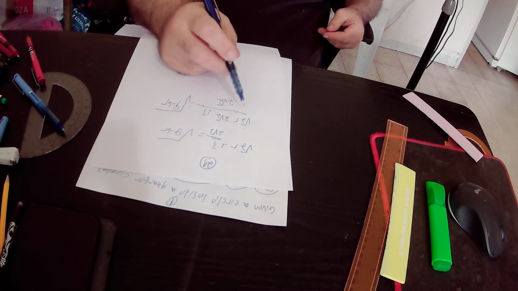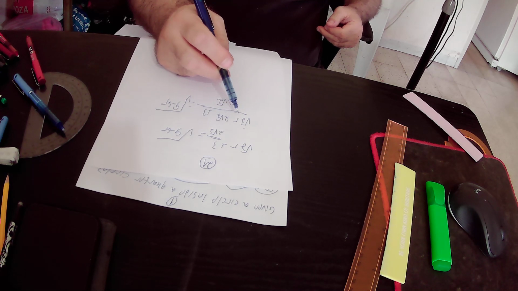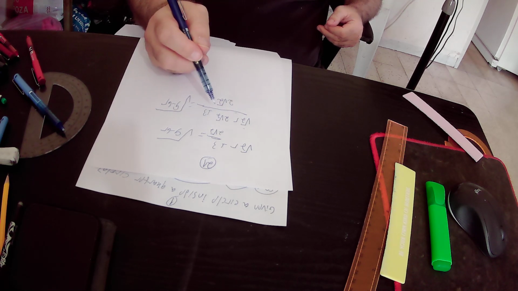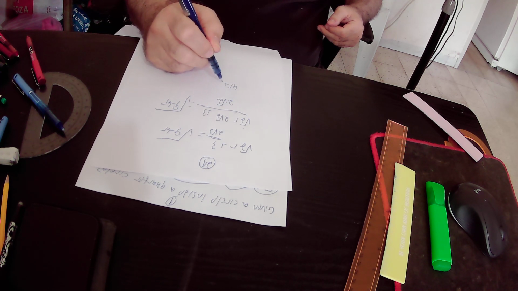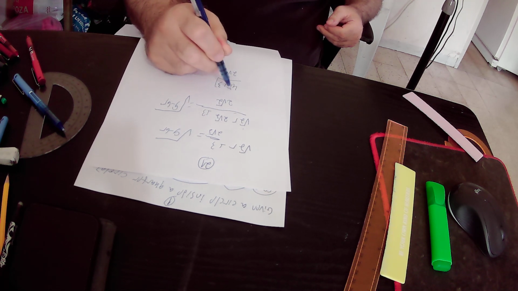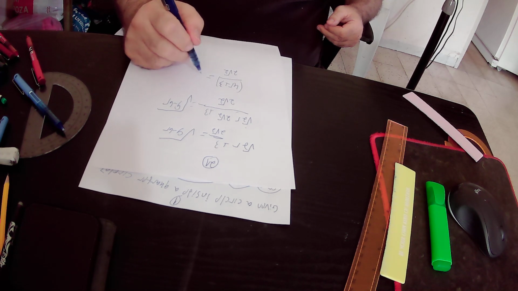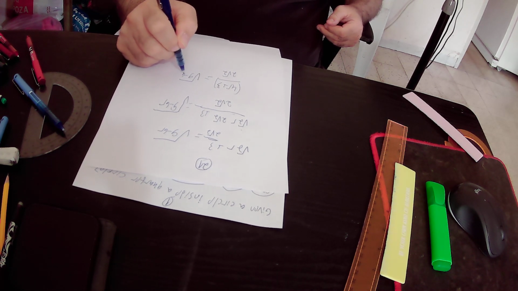So here we have 2 times root 2 is 2, and 2 times 2 is 4. So in total we have here 4R plus 3 in the numerator, over 2 times root 2, equals the root of 9 minus 6R.